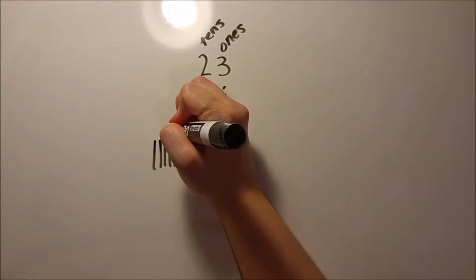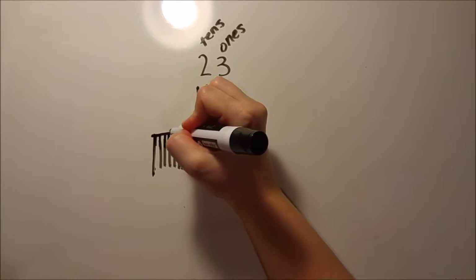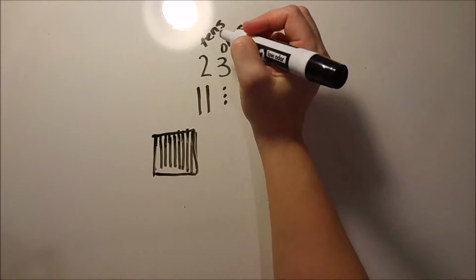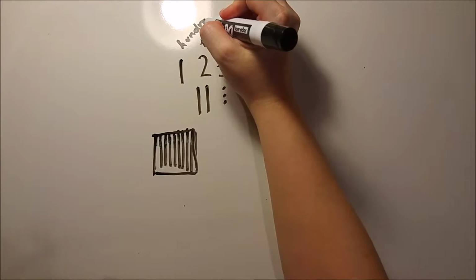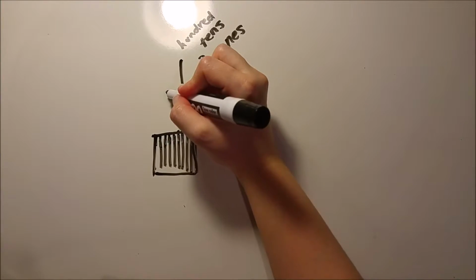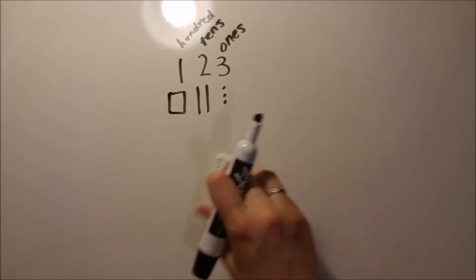Doesn't look that even. They're all a different length. It would make a square. So if this was 123, we would show our hundreds as big squares. Okay.